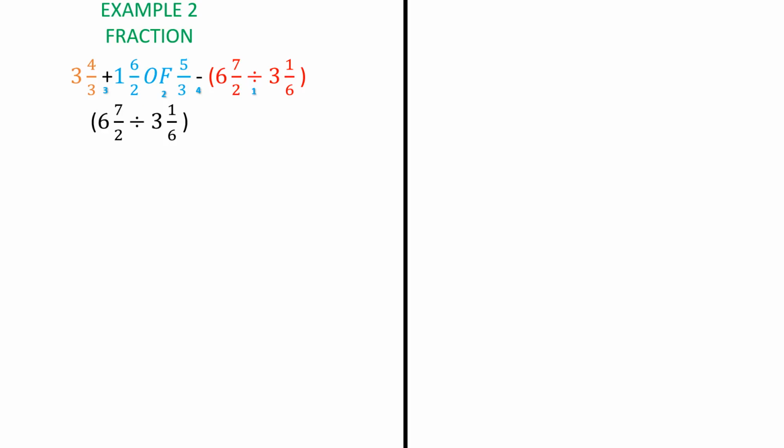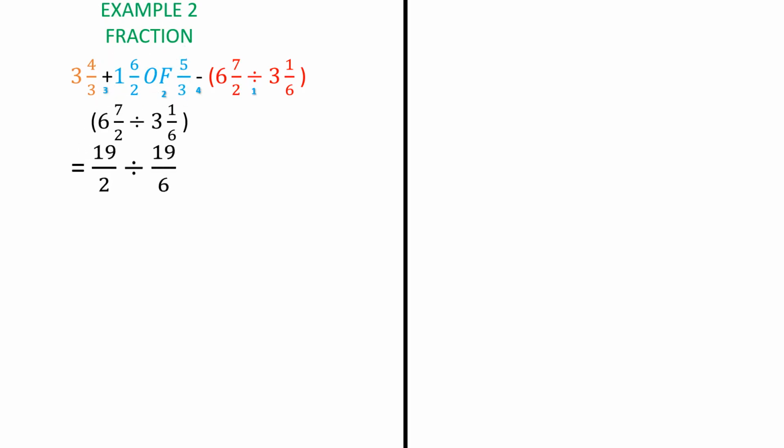That is 6 whole number 7 over 2 divided by 3 whole number 1 over 6. Now the rule of fractions states that when dividing mixed fractions, we have to first of all convert them into improper fractions. So the first thing that we are going to do here is to convert these into improper fractions. So we go ahead to convert the fractions.